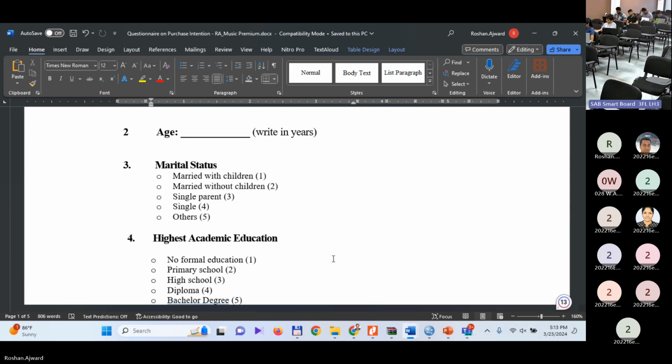So let's say marital groups and purchase intention. Just take down marital groups and purchase intention. It's going to be very easy.